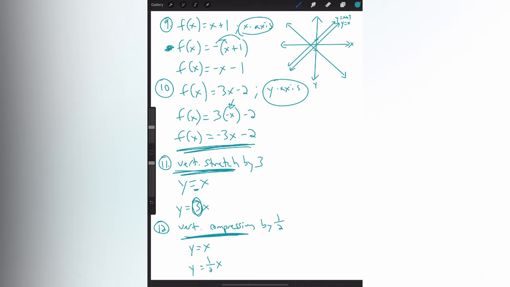And if I draw my line over here, a compression would make the line flatter, where a stretch would make the line more vertical, and a compression would make the line more horizontal. Okay?